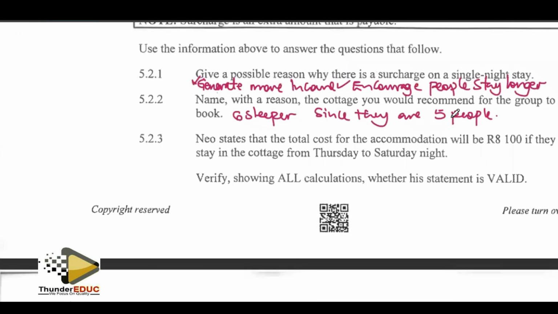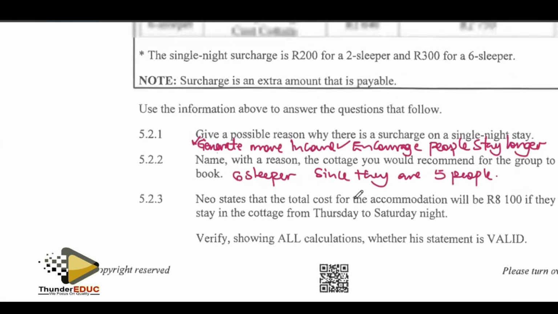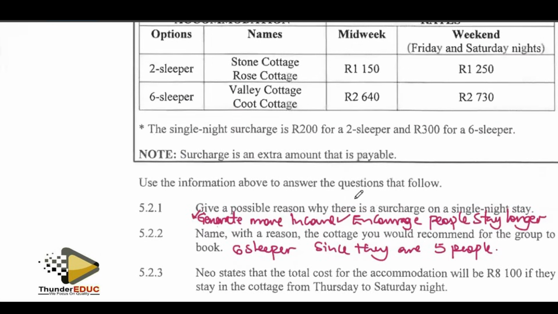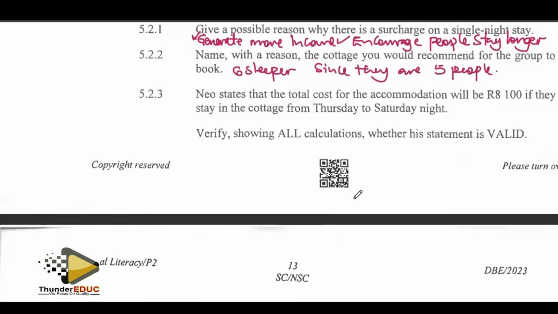Okay. We look at this. If they took the 6 sleeper from Thursday, that means midweek. Midweek they pay, because they're going to pay for Thursday, then Friday, Saturday.